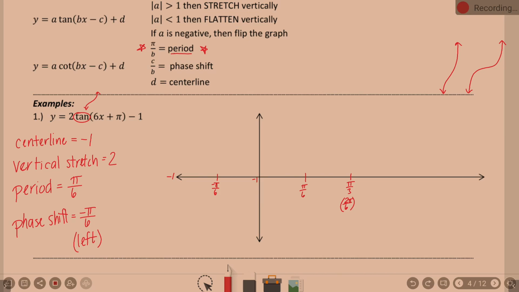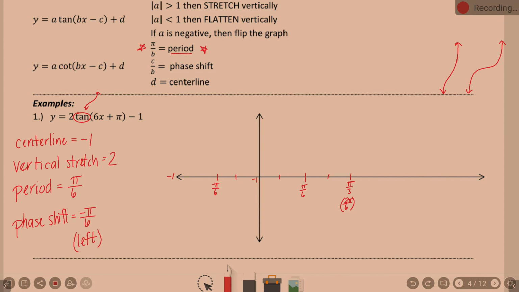With sine and cosine, we always took 1 period and broke it into 4 pieces. I don't need 4 pieces here. We're just going to do our halfway points. Okay, so all I really need here are my halfway points, which means, can you just put a tick mark in the halfway points? You can. What would a halfway point be?